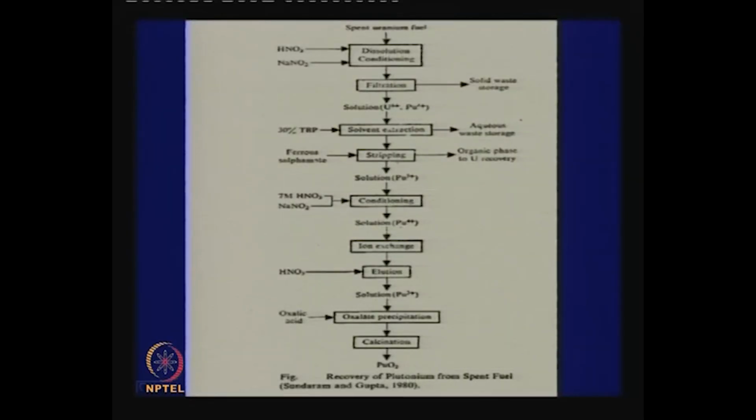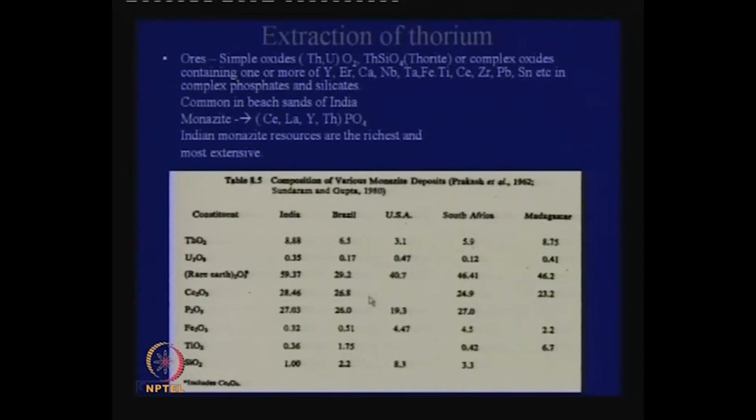We have given a flow sheet for recovery of plutonium from spent fuel. Then we started talking about thorium, which comes from beach sands. The beach sands are available all along the coastline of India, in certain areas on the western coast and eastern coast.